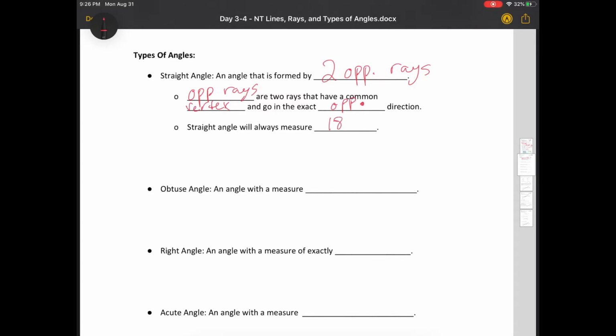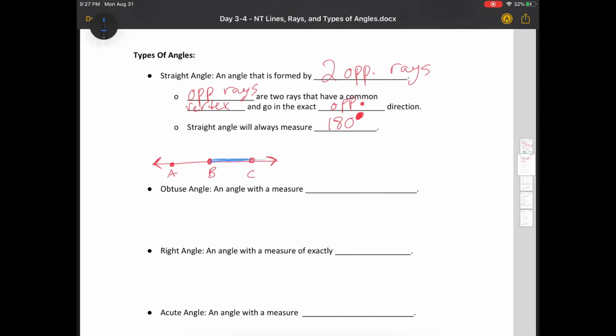Straight angles will always measure 180 degrees. So let's elaborate on that a little bit. So they're labeled or measured as 180 degrees. So let's pretend that I have this straight angle here. Again, it's just a straight line. So let's say my vertex is B, and then I have a point here, A, and a point here, C. So we have two rays that are connected.